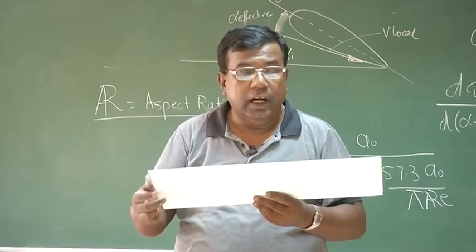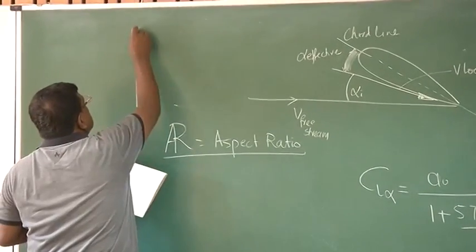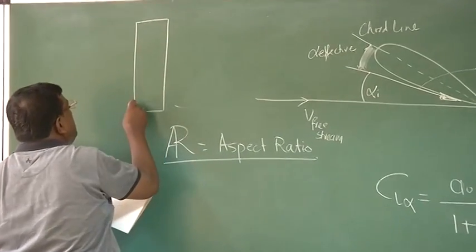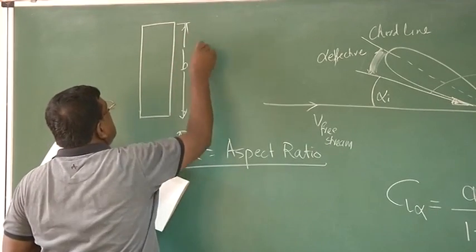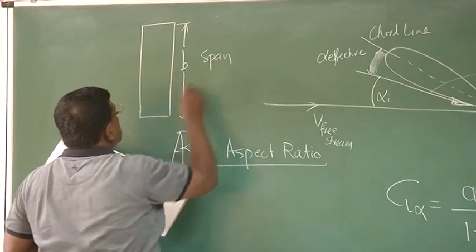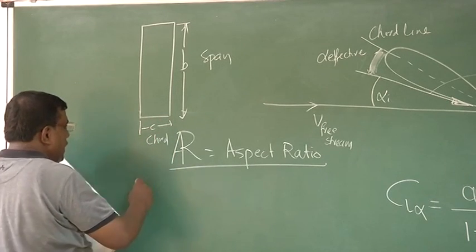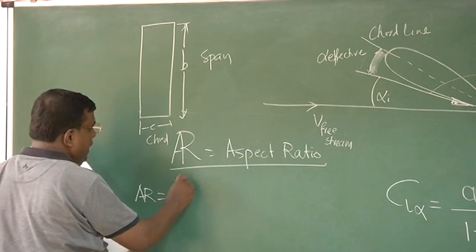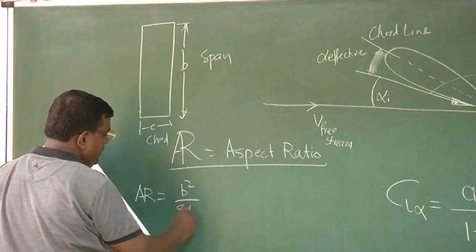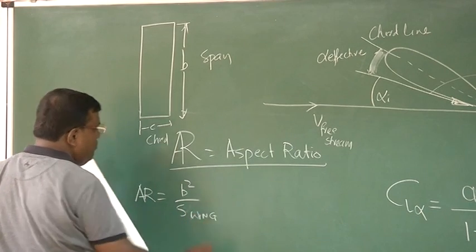For example, if I draw a wing, and I call this b the span and this c the chord, aspect ratio we define as b square by S, the wing area.